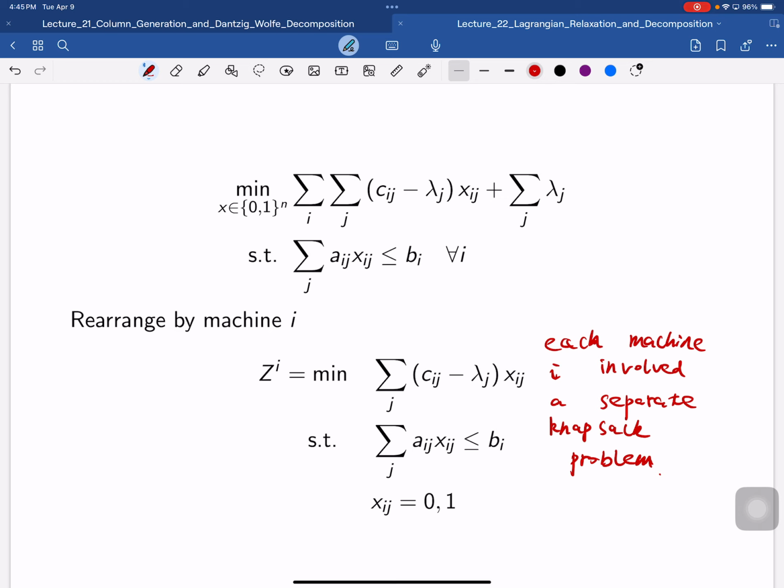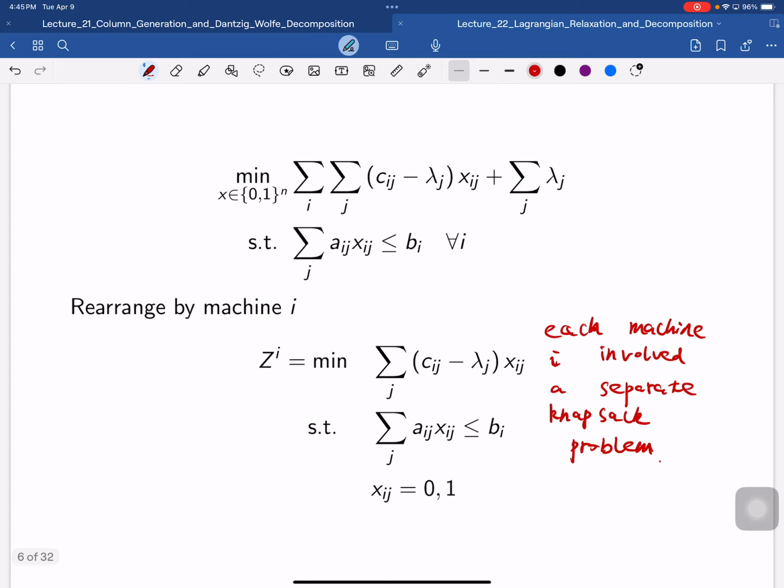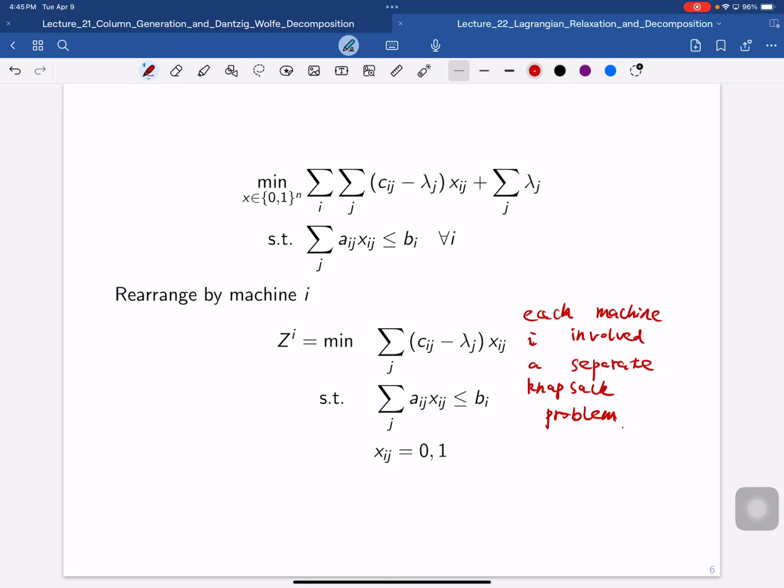As you can see, when you dualize some of the constraints, then the problem becomes decomposable. Then you can solve each of the knapsack problems separately, which is much faster than solving the original problem. So here's the intuition of why we are doing Lagrangian relaxation.